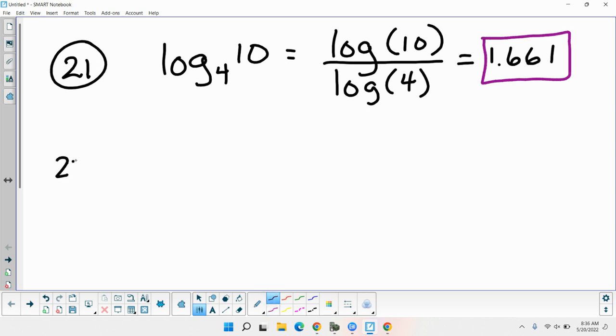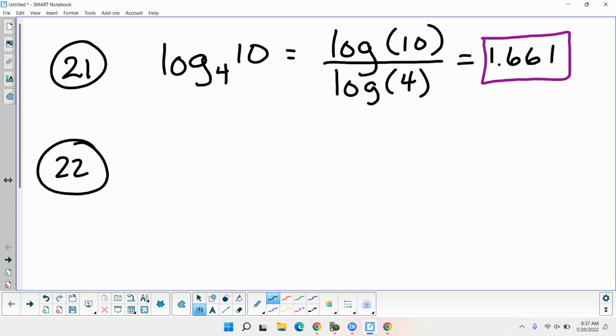Number 22, we're expanding. So on number 15 and on number 19, we condensed it. Addition we changed to multiplication, and the subtraction one we changed to division or a fraction.